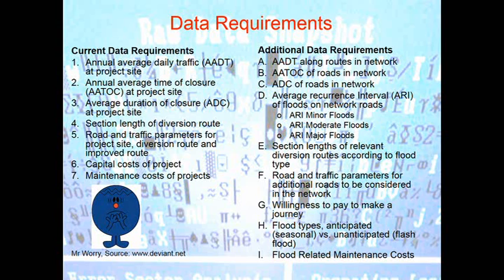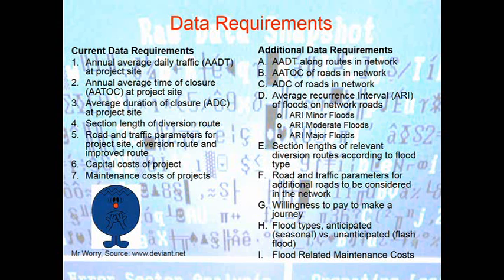That is the average time that the road is closed per year. So, for example, you may have a road that closes every 10 years, and it closes for 10 hours every 10 years. That would give you an average of 1 hour a year of closure time, approximately. There are some calculations around it that could give you slightly different figures, but that's just the general picture. The average duration of closure is also another important element.